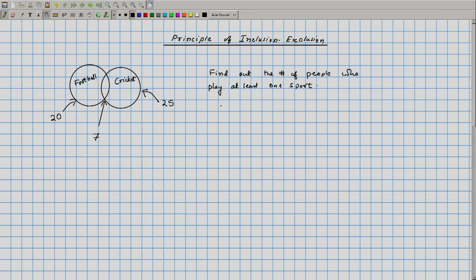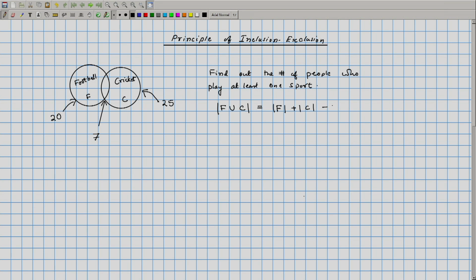So, we want to compute the cardinality of a certain set. If we denote the football players as F and the cricket players as C, we want F union C, and we want to count the size of that. This is going to be equal to the number of people who play football plus the number of people who play cricket, but here we have double counted the people who play both sports.